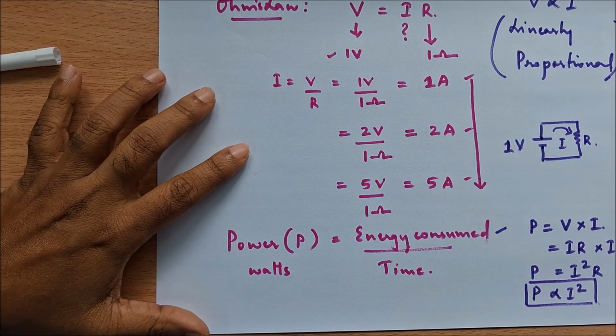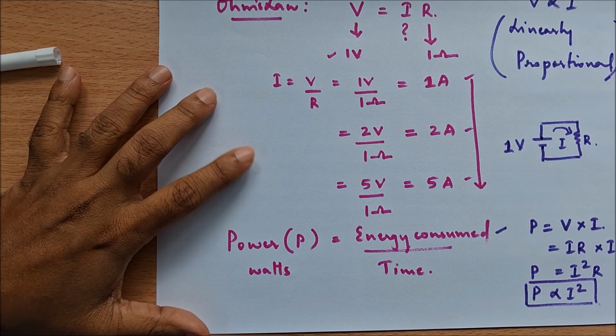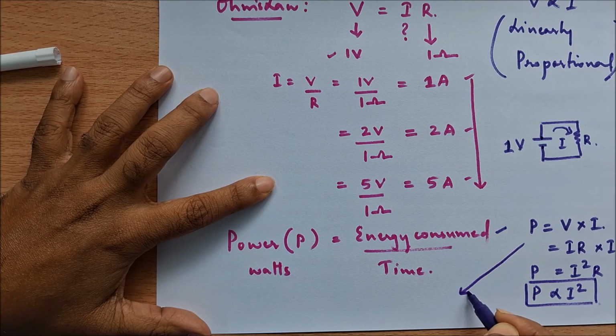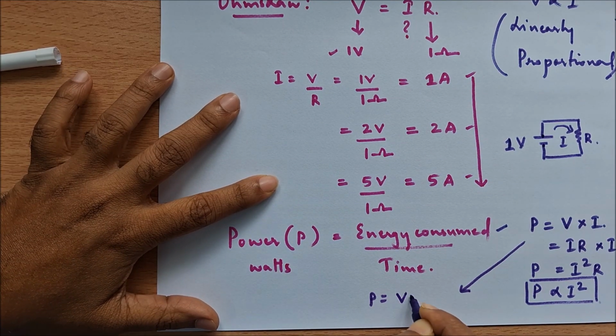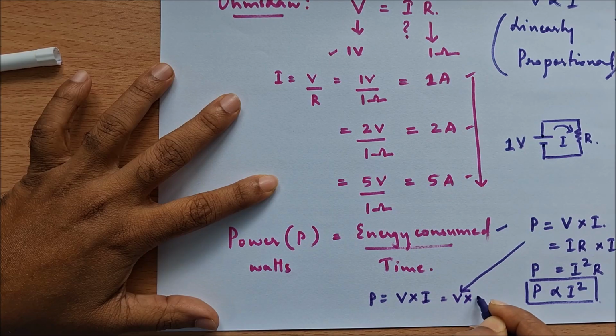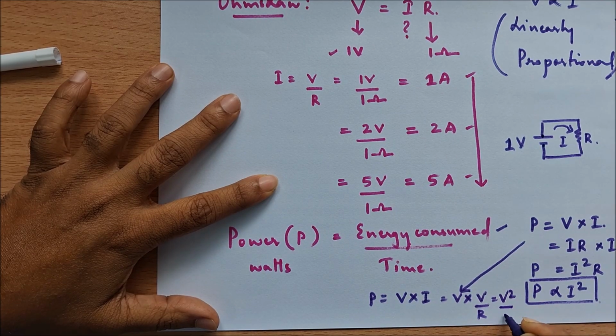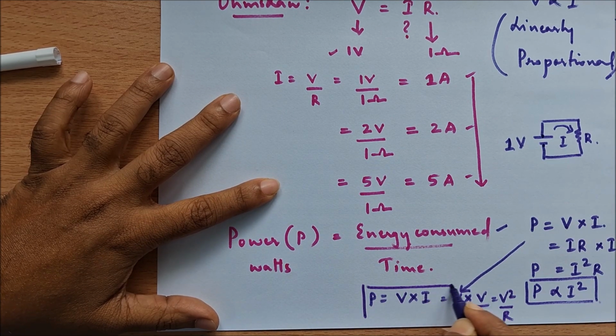Now suppose you want to put it in terms of voltage, then we can also write it this way. The power is equal to V into I, where I is nothing but V upon R. So it is V square upon R. So we can also write the power in this fashion.